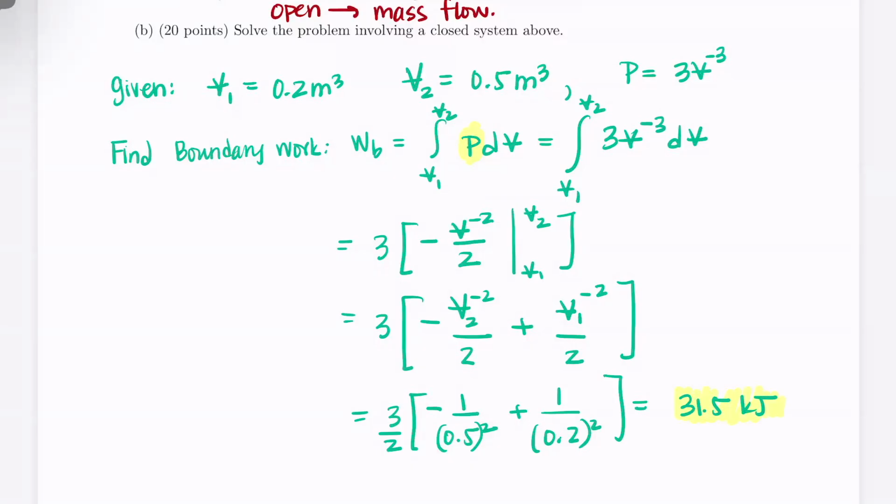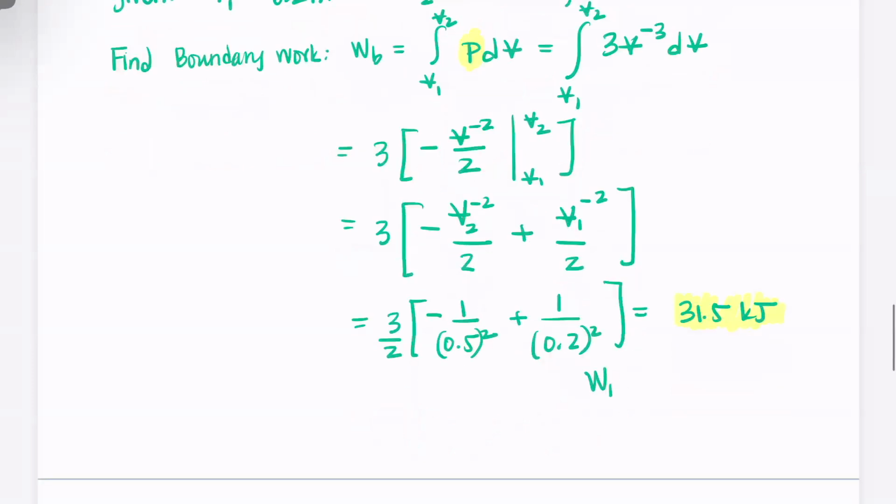Does this work go in or out? It's positive, right? So that means the work comes out. I know this is hard to remember and can be confusing because chemistry classes sometimes use an opposite convention for heat transfer and work.